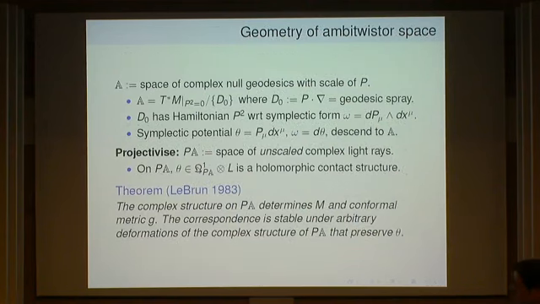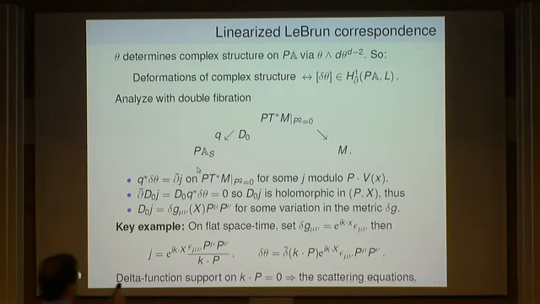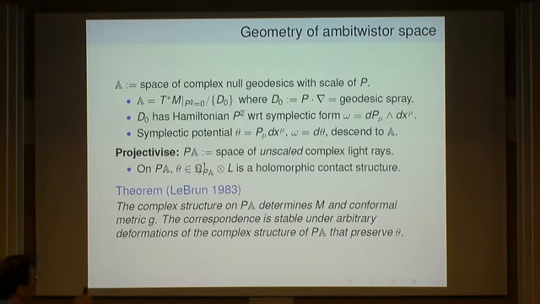But I want to just talk about the classical geometry of ambi-twistor space. As I said, ambi-twistor space is the cotangent bundle divided by the null geodesic spray p dot nabla.